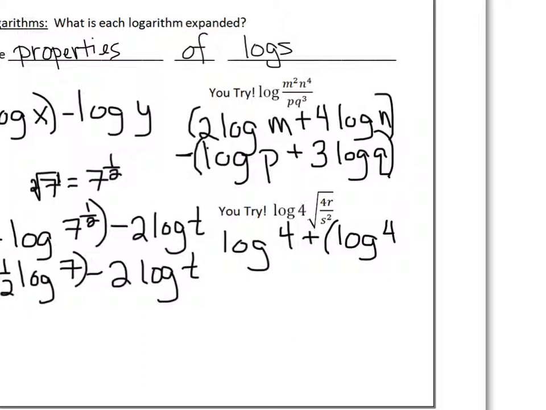It's then being multiplied to r, which means we're going to expand that to addition and log of r. And then it's being subtracted by, since it's division, s squared. Well, when I put s squared in log form, the exponent's going to come to the front. So 2 log of s.